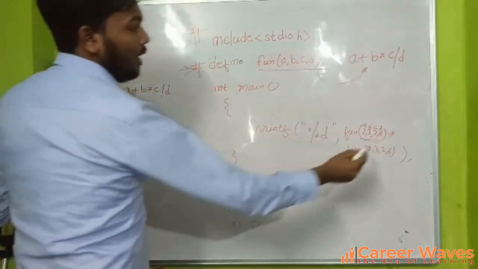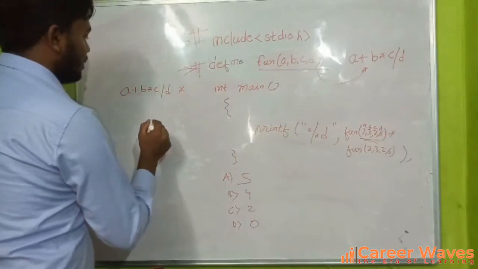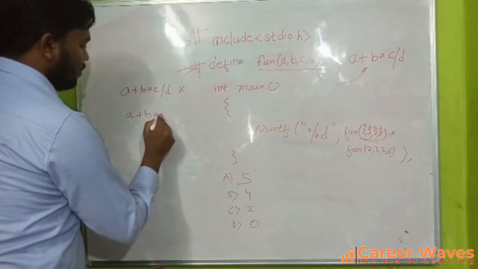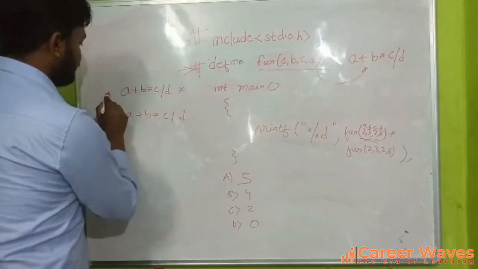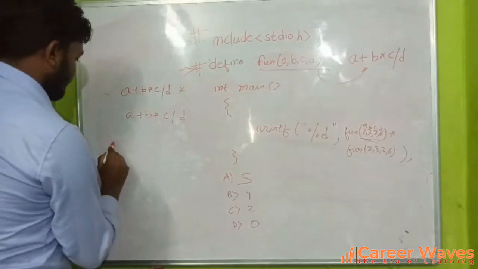So we'll write this code, and multiplication again, that we have to write. So again multiplication, A plus B into C by D, and we know that the value for A is 2, so let us replace the values.